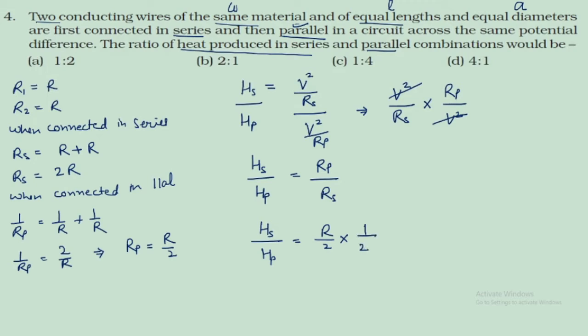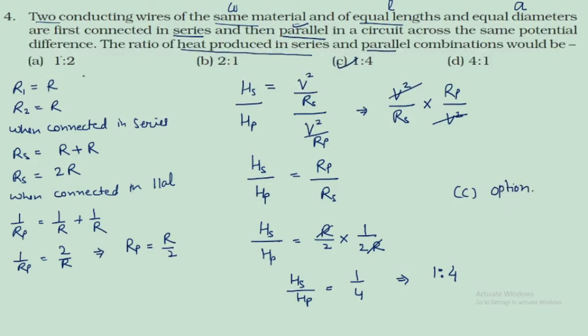So 1 over 2 into R. R is cancelled with this R and we get Hs upon Hp equals to 1 upon 4. It means the ratio is 1:4. So 1:4, C is the correct option. C option is the answer.